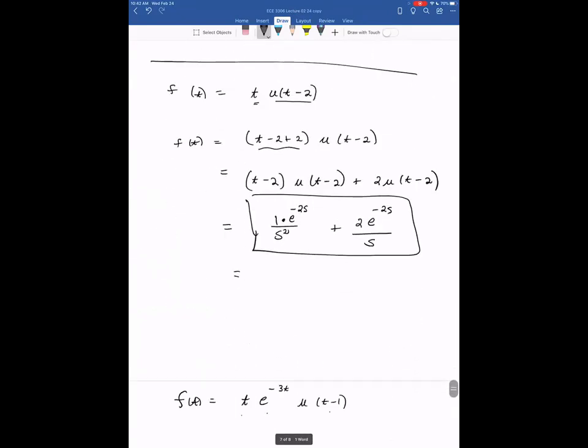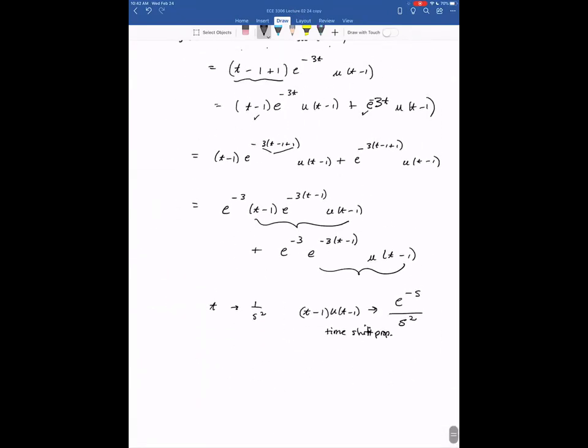So if I now have, and note that since everything is shifted, they all have to be shifted. So it can't be just an e to the minus 3t. It's got to be an e to the minus 3 (t minus 1). That's why we went to all the trouble of changing all the time shift to be the same.